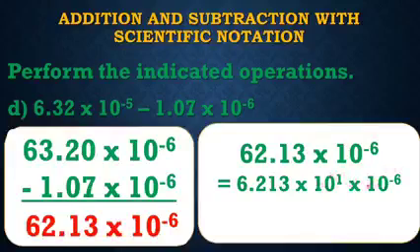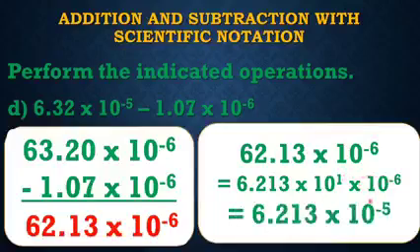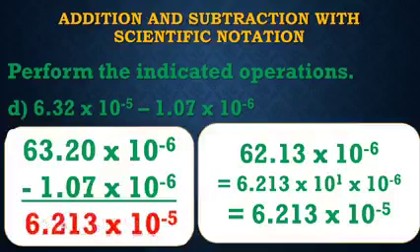Again, to simplify, we have the same base of 10, so we drop it down, and for the exponent we add. 1 plus negative 6 is equal to negative 5. Thus, 63.20 times 10 raised to negative 6 minus 1.07 times 10 raised to negative 6 is 62.13 times 10 raised to negative 6, or that is 6.213 times 10 raised to negative 5. So this is the final answer for letter D, 6.213 times 10 raised to negative 5.